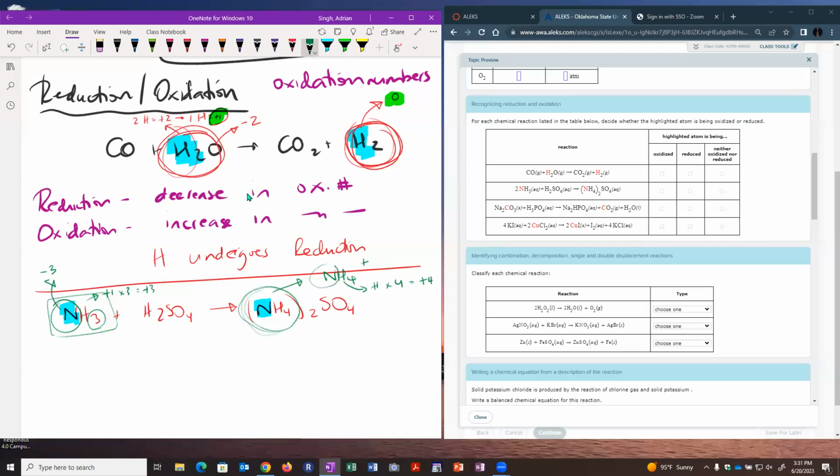Now when we add together whatever the oxidation number of the nitrogen is, we have to equal the +1 charge for the overall charge for this ammonium ion. So the nitrogen here also has to be -3, because when we add -3 to the +4, we end up with the charge on the ammonium ion, NH4. So the nitrogen's oxidation number isn't changing, so it's neither oxidized nor reduced in this reaction.